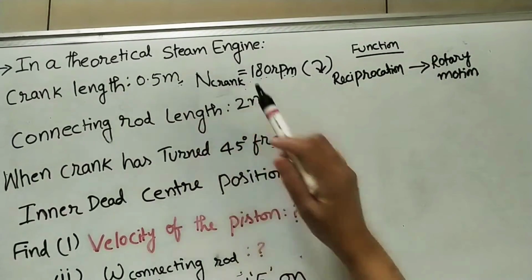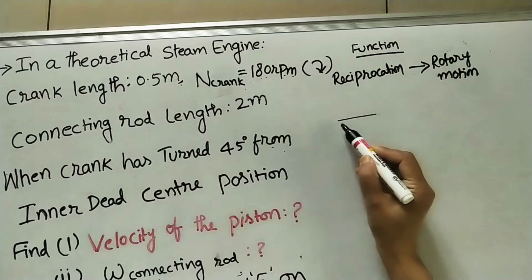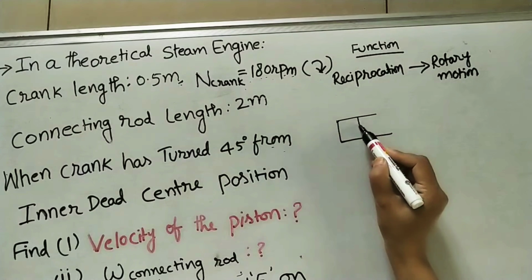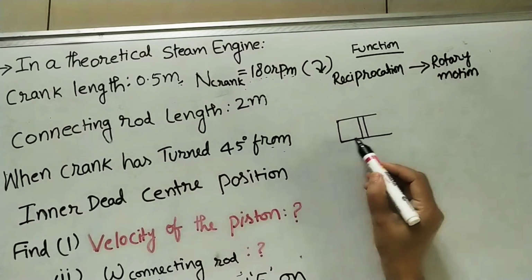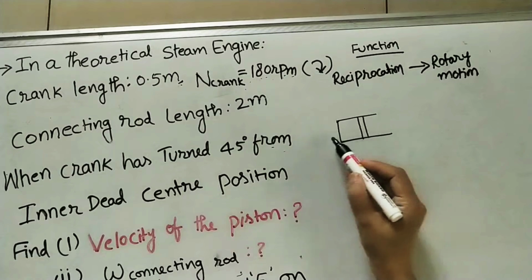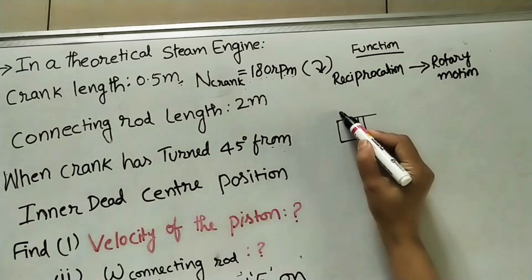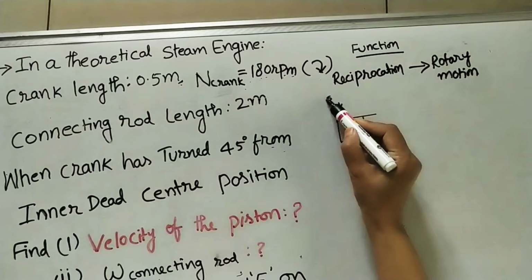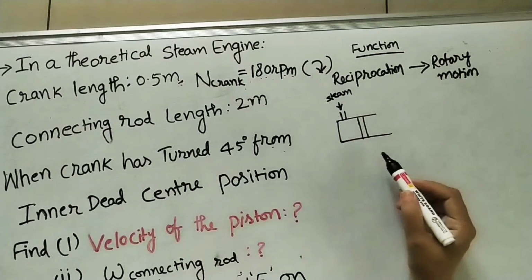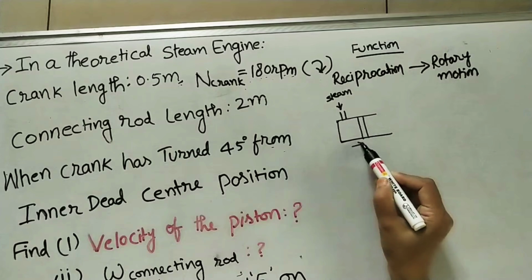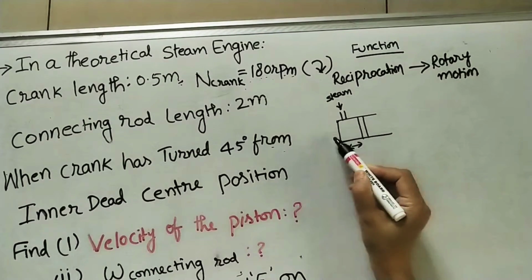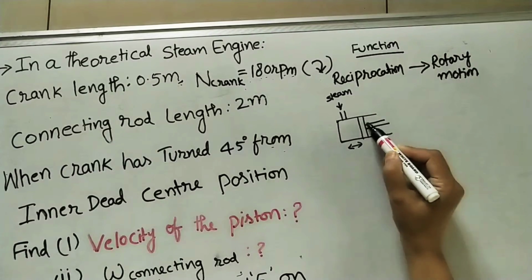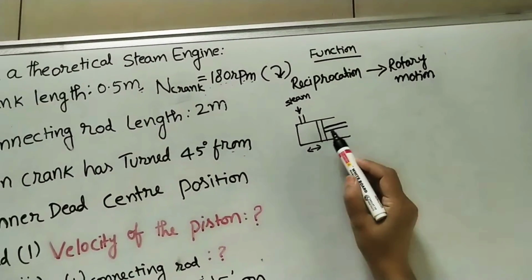Here we will roughly draw the diagram. As I told, steam is entering inside the cylinder. This is the cylinder and this is the piston. It is moving, sliding or reciprocating inside the cylinder. Steam is entering from this input valve. This piston is connected to the piston rod.